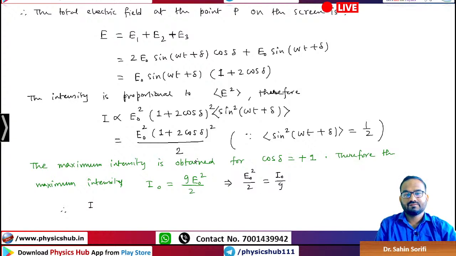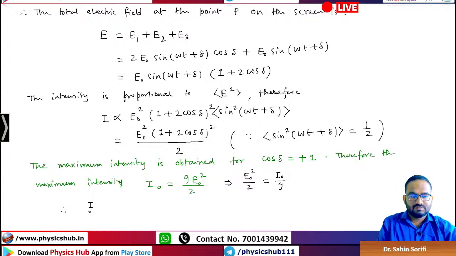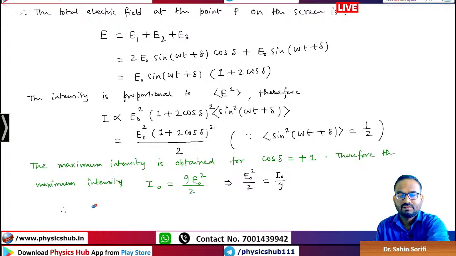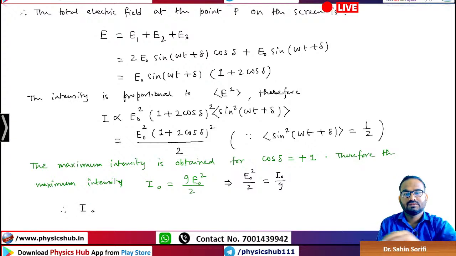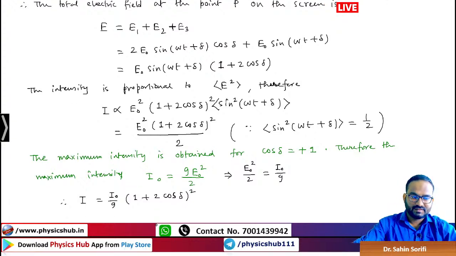So I is equal to E naught square by 2, that is I naught by 9, into (1 plus 2 cos delta) whole square.